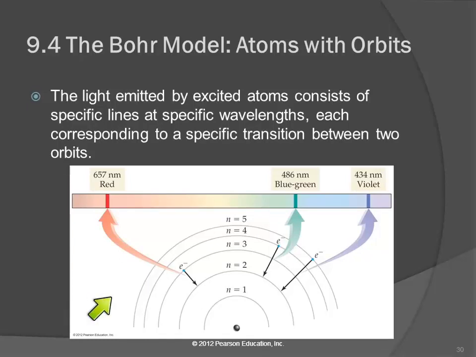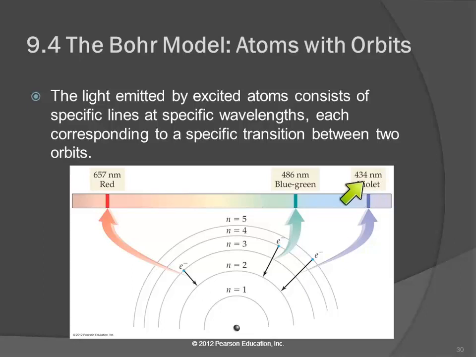The red one corresponds to a transition from n equals 3 to n equals 2. The blue-green one corresponds to n equals 4 going to n equals 2. And the violet one corresponds to n equals 5 down to n equals 2. This wavelength corresponds to an energy.